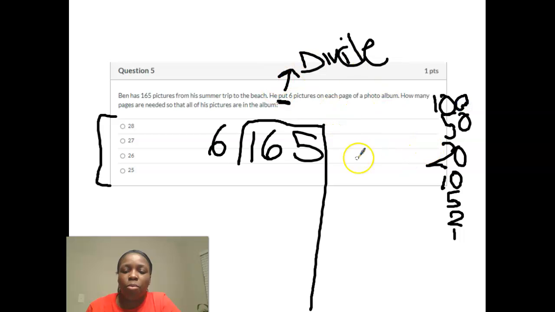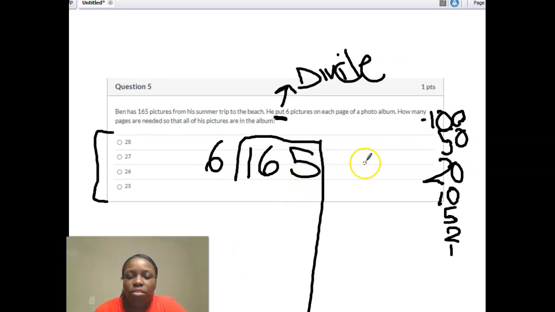So now I'm going to start with 100 as my friendly number. And I'm going to see, can I do 6 times 100 to get near 165 without going over? No, I can't do 6 times 100 because 6 times 100 is 600, and that's over 165.